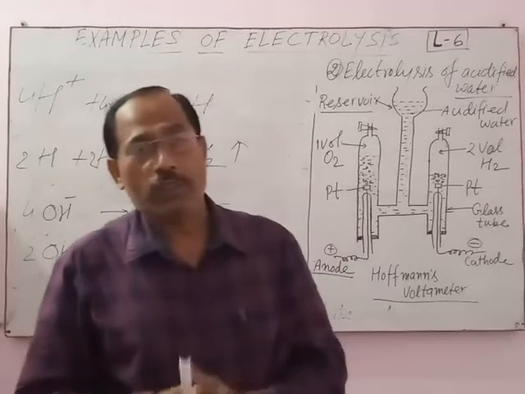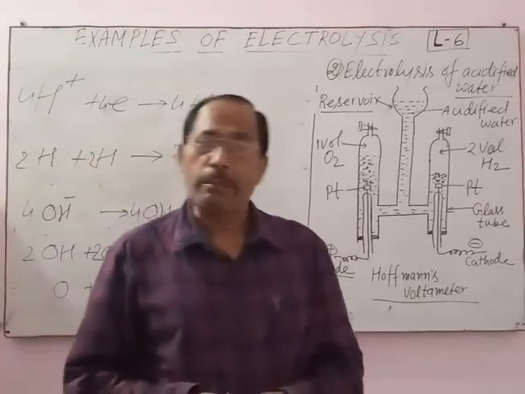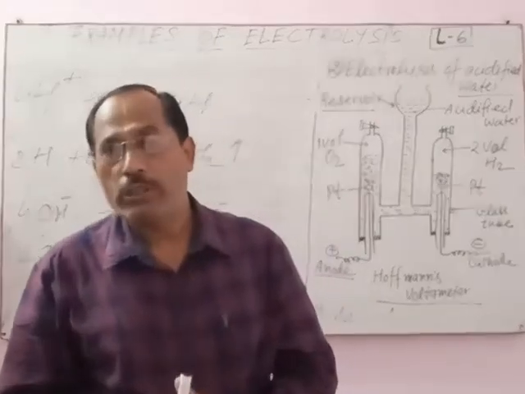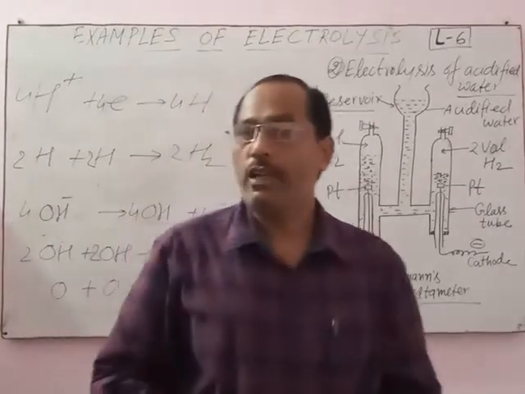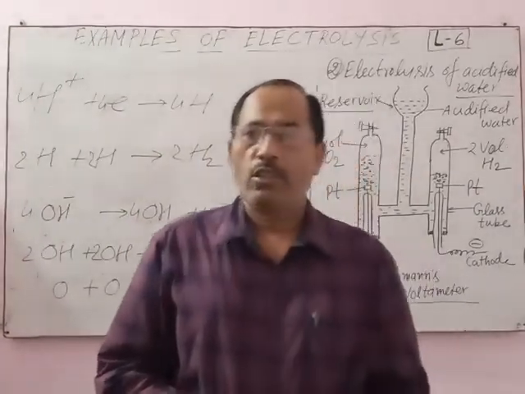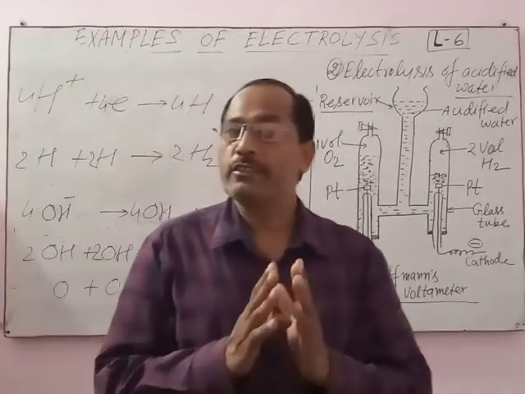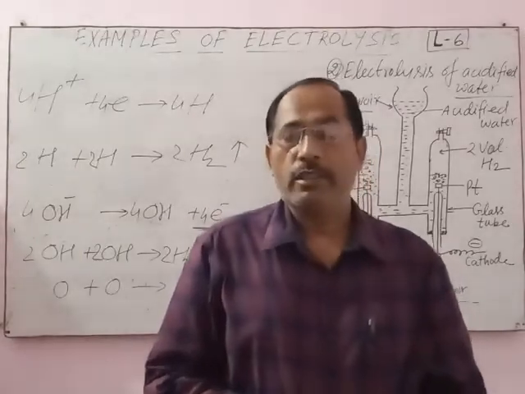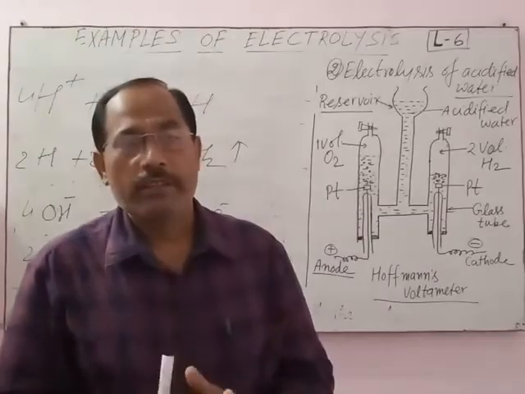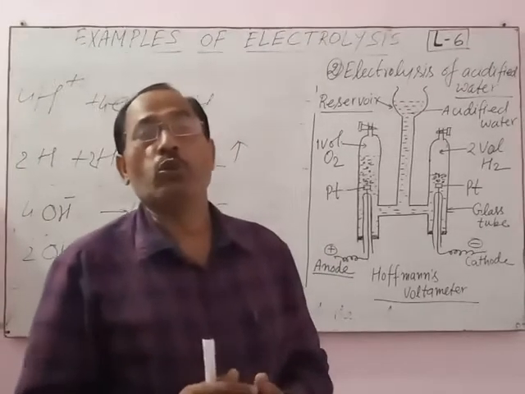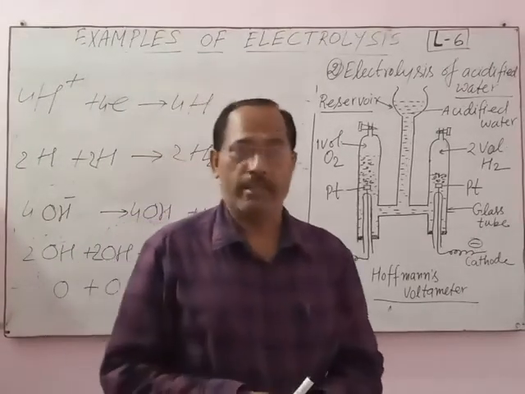Which ion migrates towards the anode? Sulfate ion and hydroxide ion, both migrate towards the anode. But only hydroxide ion gets discharged at the anode and sulfate ion remains undischarged, which is known as a spectator ion.